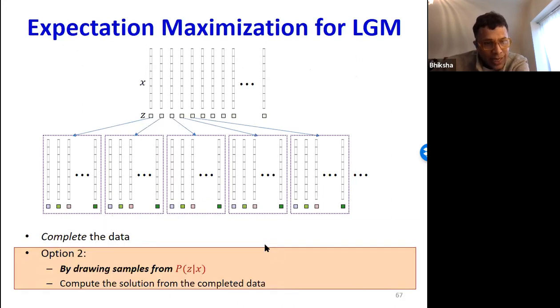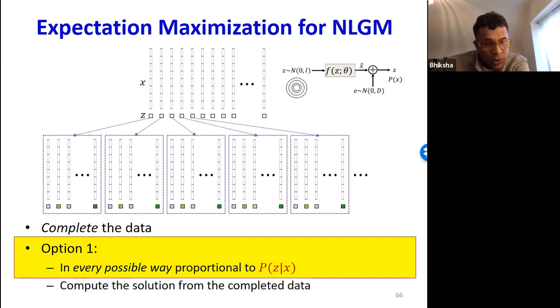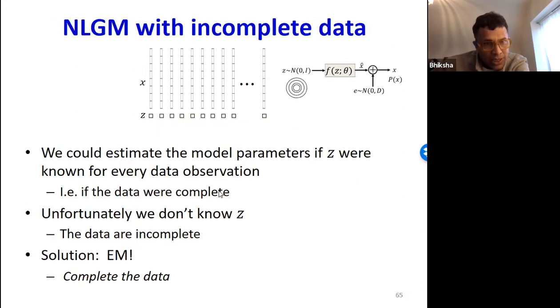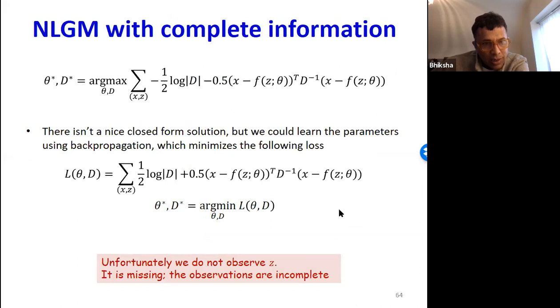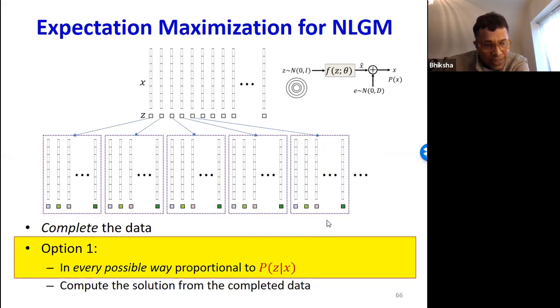And then you can compute the solution using this formulation from the completed data. The problem is, if the probability distribution of x is not tractable, the probability distribution of z given x is also not tractable. So there's no closed form solution for it. There's no way of coming up with a nice mathematical formula which solves this.